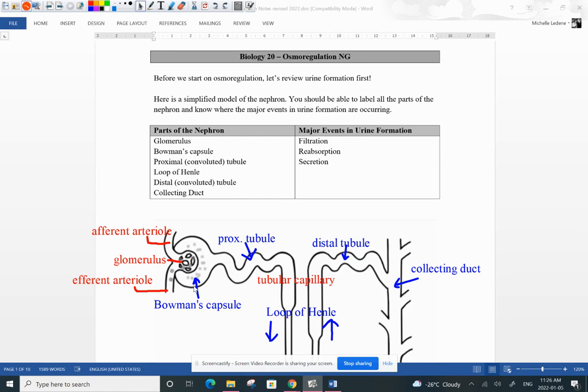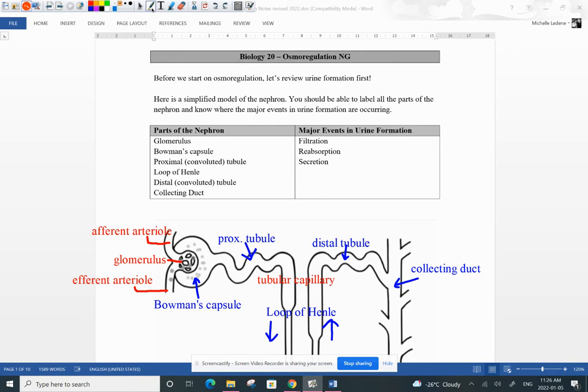So now getting right into the actual parts of the nephron, we've got the Bowman's capsule, then the proximal tubule or proximal convoluted tubule, then the loop of Henle, the descending limb goes down, the ascending limb goes up, then the far away distal convoluted tubule or distal tubule, and then a whole bunch of distal tubules dump into the collecting duct.